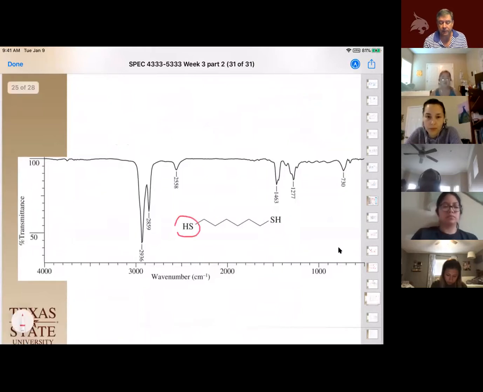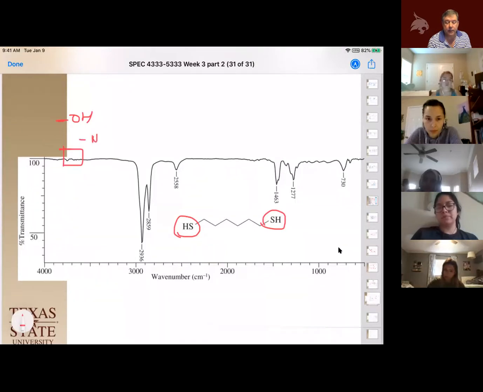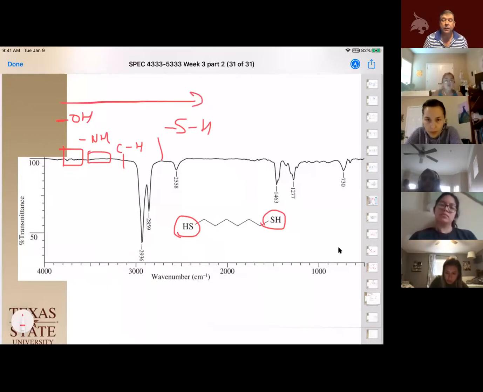The thing I want to talk about is that our OH is up here and our NH is here and our CH is here to here, depending on whether it's triple bond, double bond, or single bond. We now have our sulfur hydrogen here. And we see this shift from heavy atom to light atom going there, mostly because this is a more polar bond.